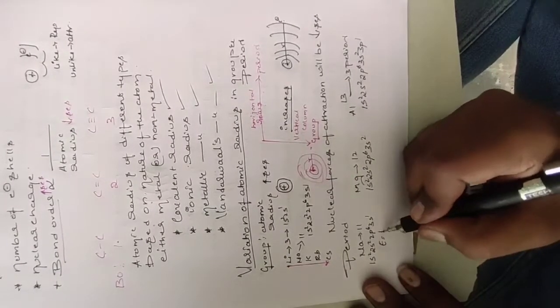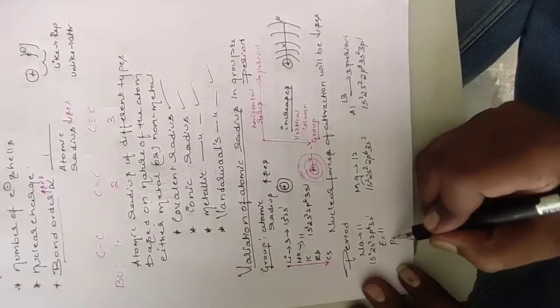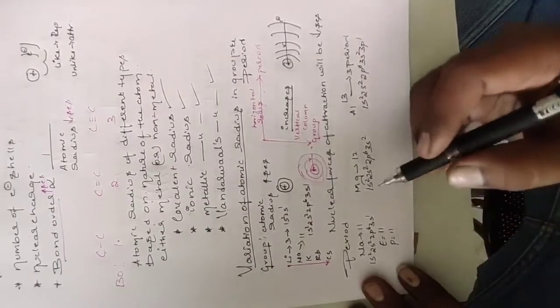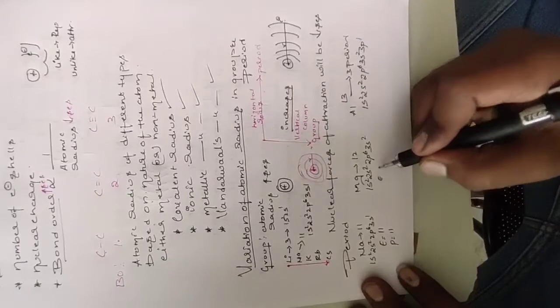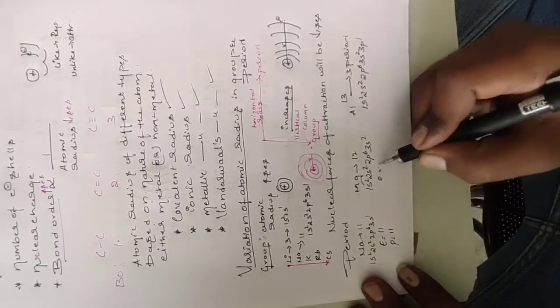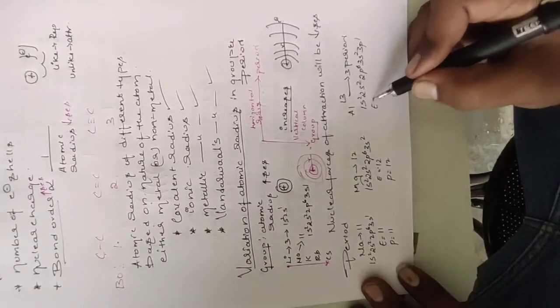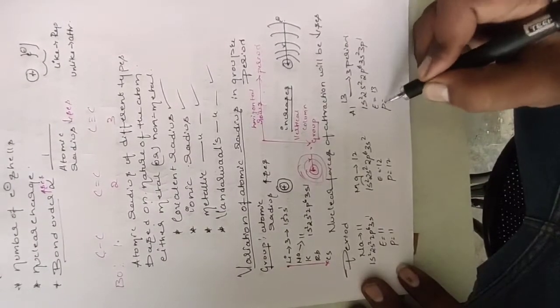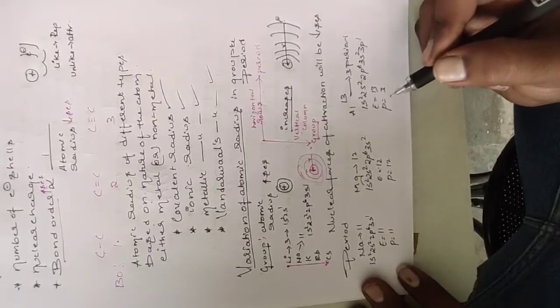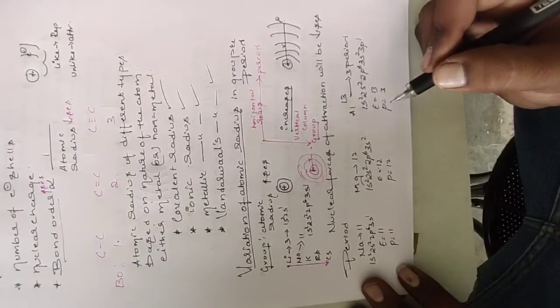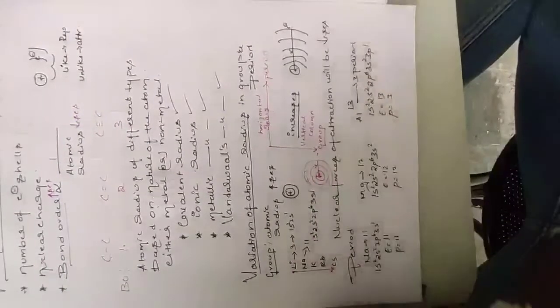In sodium, the electrons are 11 and the protons are 11. In magnesium, electrons 12, protons 12. Here, the electrons are 13 and the protons are 13.